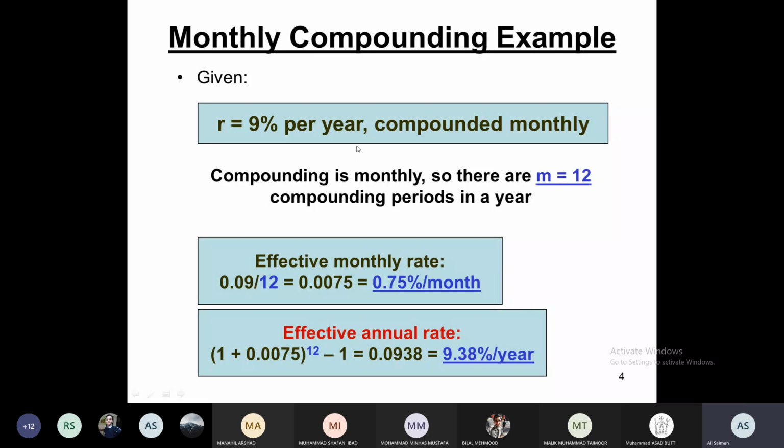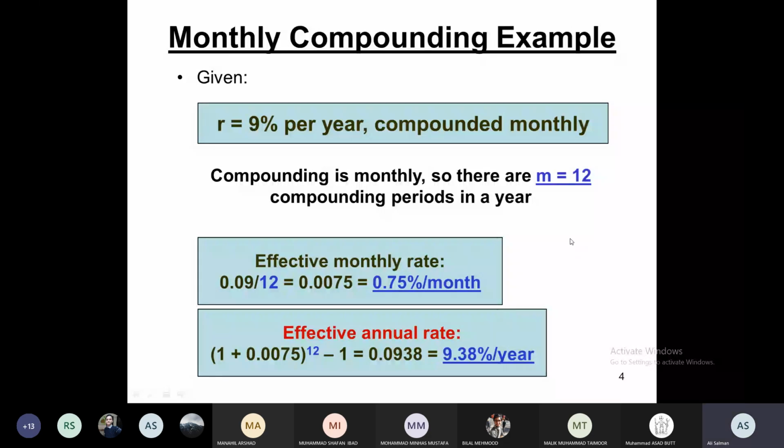So in this way we can calculate the effective annual interest rate. Again, if we are given the nominal interest rate followed by the compounding frequency, we can calculate the effective interest rate per period and the effective annual interest rate.